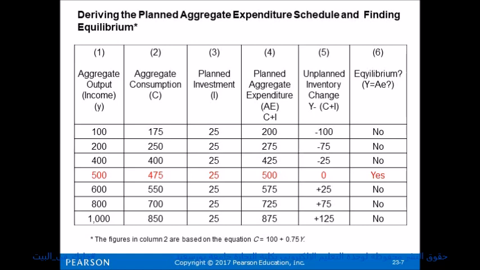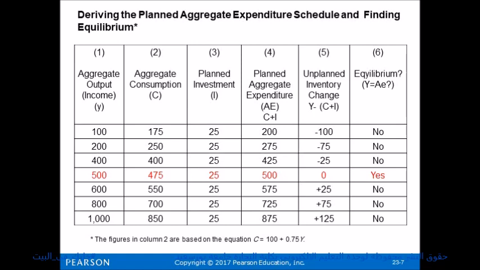So for example, we can calculate the unplanned inventory change at a level of income of 100 by subtracting 200 from 100. We get a negative change of 100, or simply minus 100.